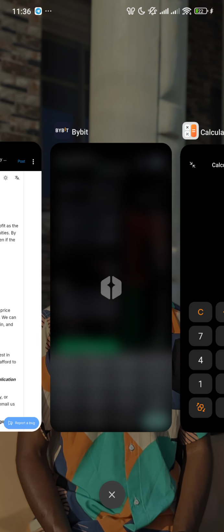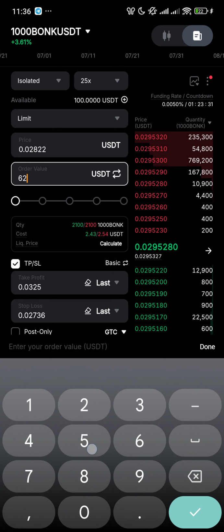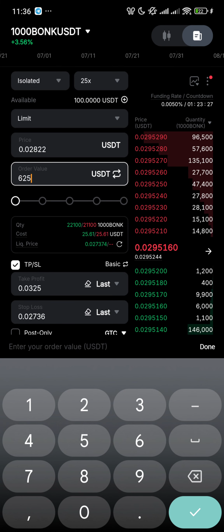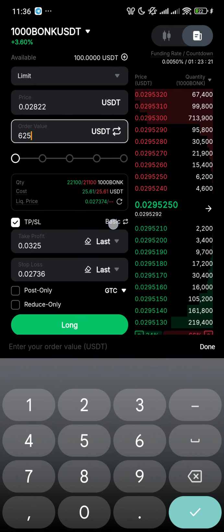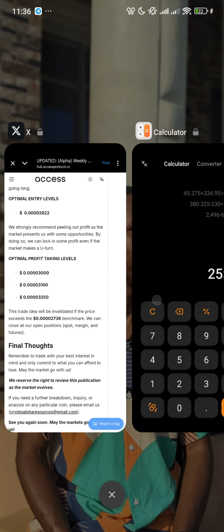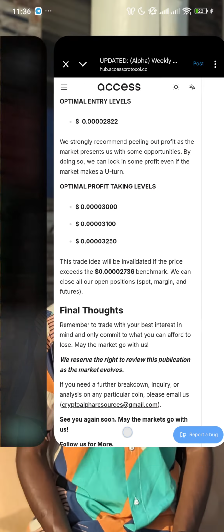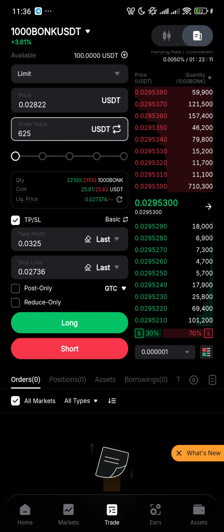So come to 625, and then we'll calculate. You can see the liquidation price is now very close to, a little bit above, our invalidation price.